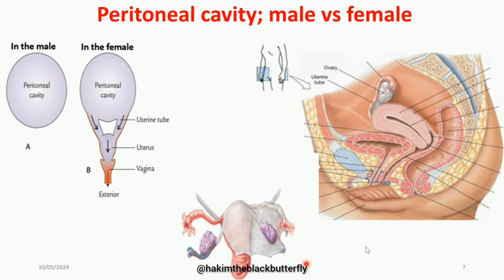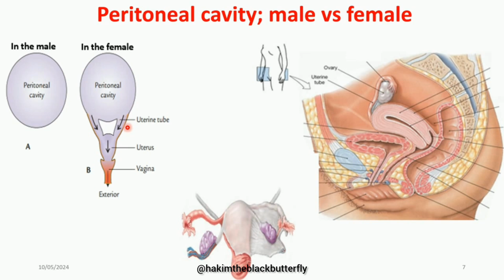So, because of the communication between the peritoneal cavity and the female reproductive structures, it's possible for infections to spread from the peritoneal cavity. If a lady has peritonitis, let's say because of some bacteria causing irritation of the membranes of the peritoneum, there's a chance of these infections to spread to the fallopian tubes.